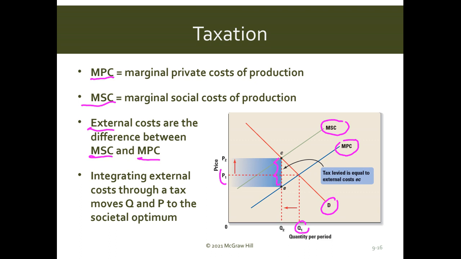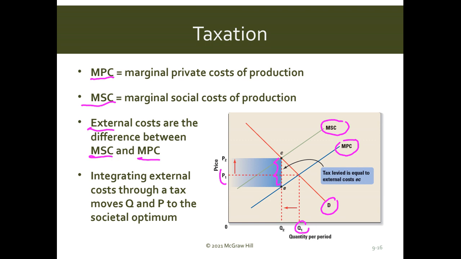So what will government do? Government will impose a corrective tax, in this diagram, on the producers. Why? Because government is trying to increase their cost of production.